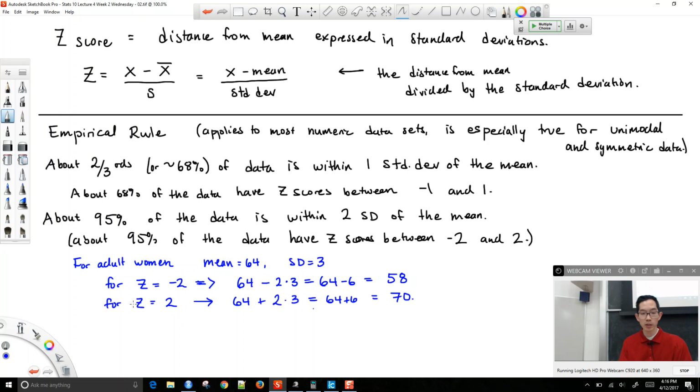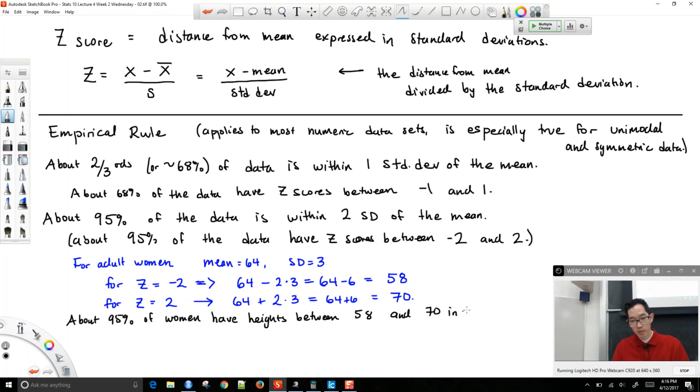We would say about 95% of women have heights between 58 and 70 inches. So about 95% of women are between 4'10" and 5'10". About 1 in 20 would be outside of that range.